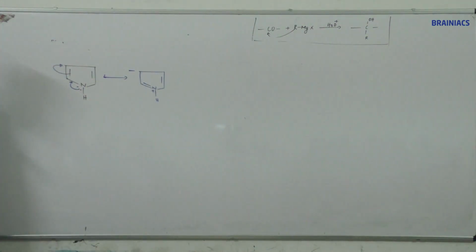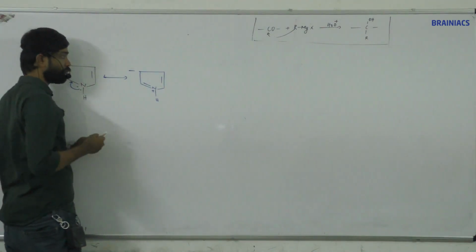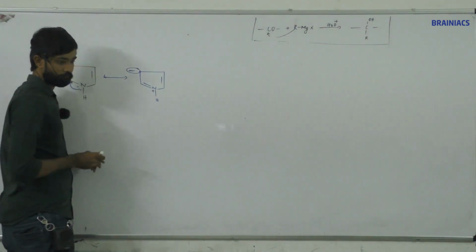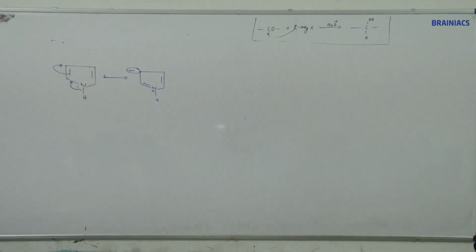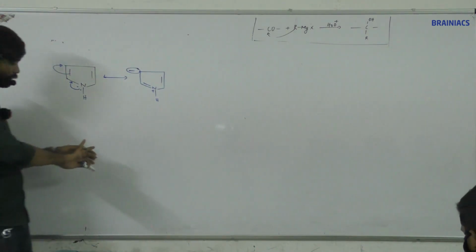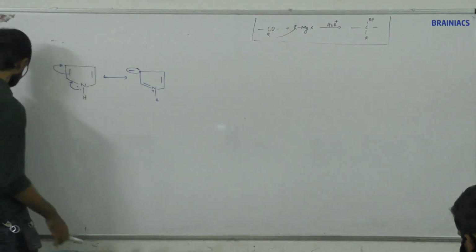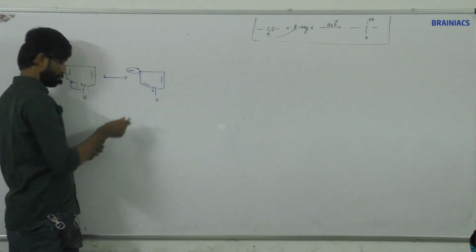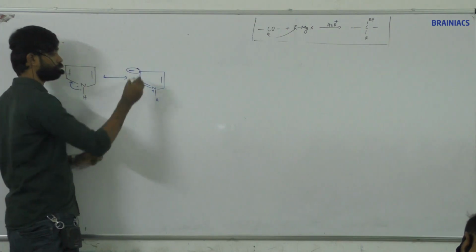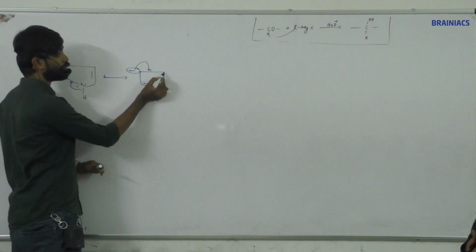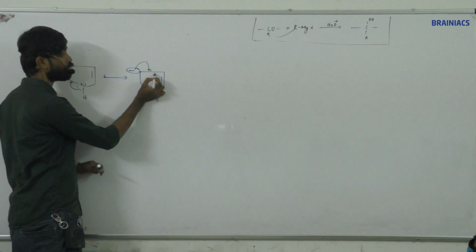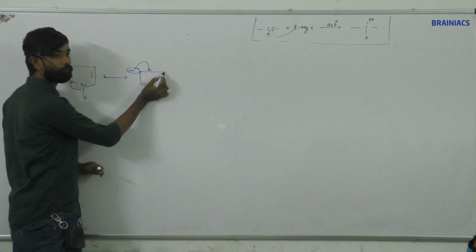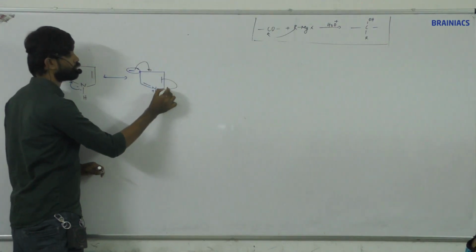It continues. What about the next? This pair of electrons may delocalize to here, so that if this is delocalized to here it becomes a double bond, and here the valency becomes 5. So this to here.